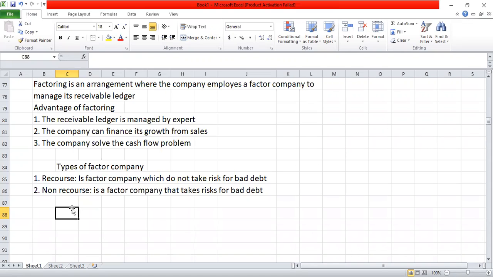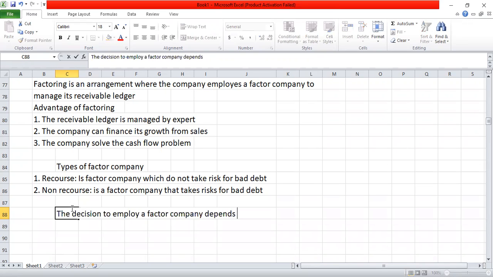So the decision to employ a factor company depends on the benefits and costs associated with the factor company.